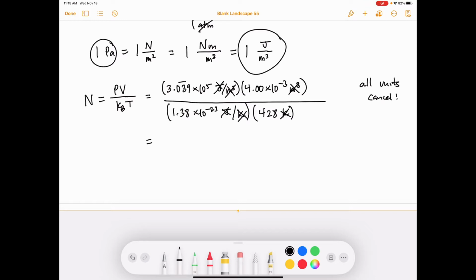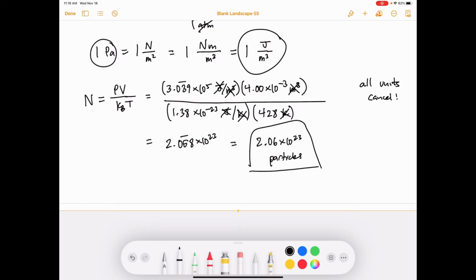So we're not left with a quantity with units, we're just left with a number, which makes sense because we're talking about the number of particles in the container that doesn't have units attached to it. So this would be 2.058 times 10 to the 23. We're going to keep 3 sig figs on that, so 2.06 times 10 to the 23 particles. So again, the number of particles is very, very large.